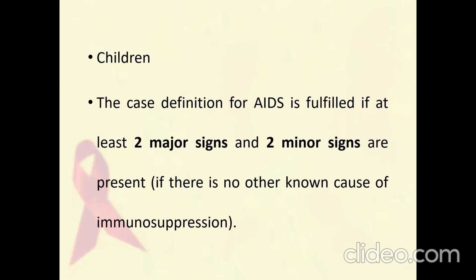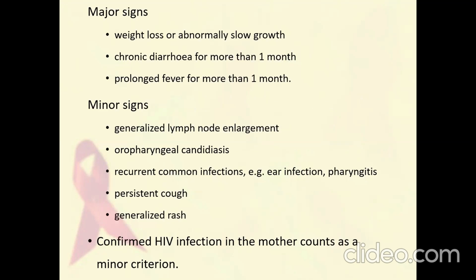In children, the case definition for AIDS is fulfilled if at least 2 major signs and 2 minor signs are present, and if there is no other cause of immunosuppression. In children's major signs, weight loss or abnormally slow growth, chronic diarrhea for more than 1 month, prolonged fever for more than 1 month.